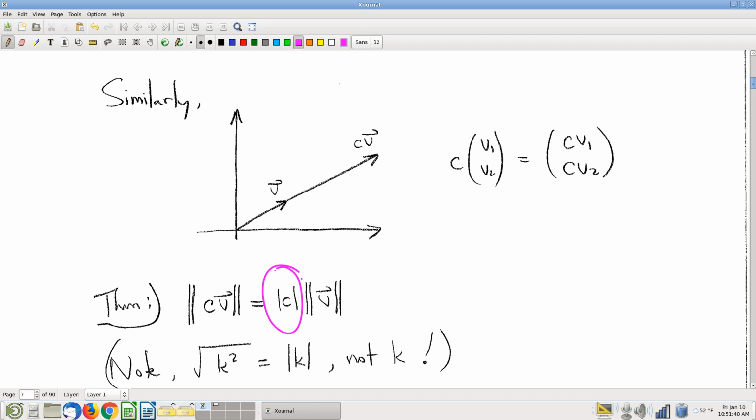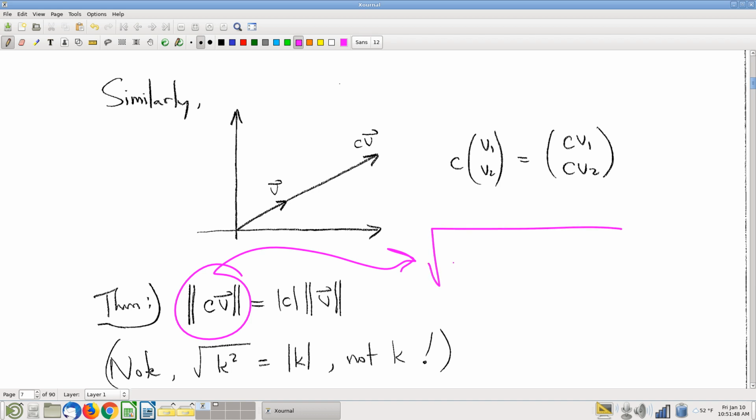Okay? The reason that absolute value is in there is because you can write down formulas. You can take this expression here and explicitly write down the square root of (cv1) squared plus (cv2) squared plus, etc., (cvn) squared.